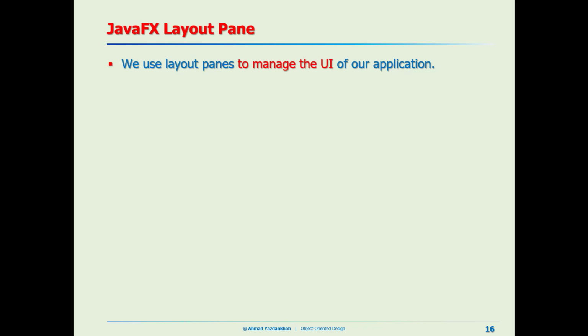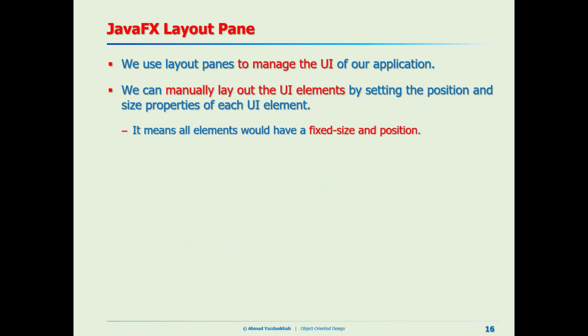If you want to do that manually, it works, but the best way to manage all of the nodes inside the stage is to use a layout pane. A layout pane can handle everything that you put inside your scene automatically.